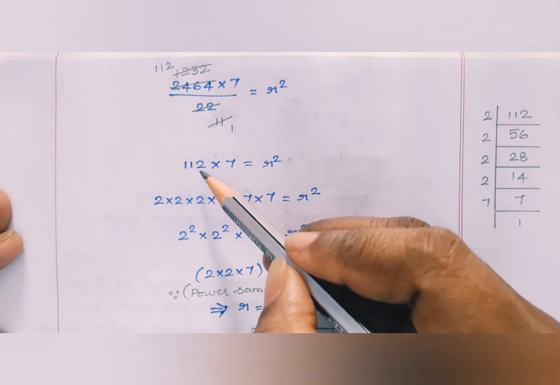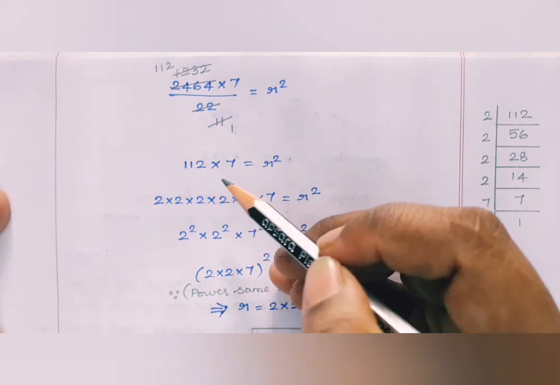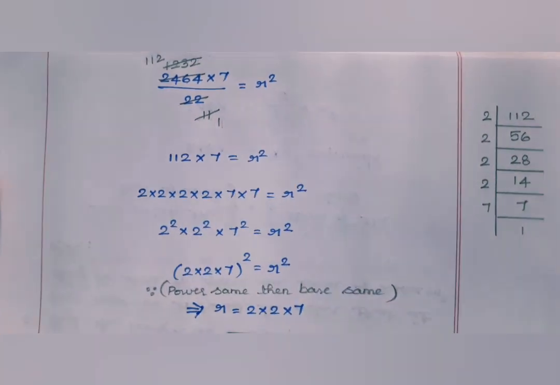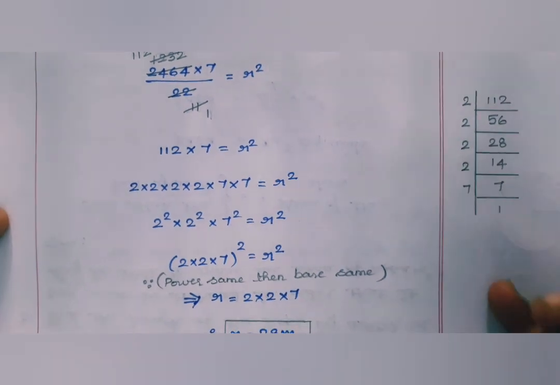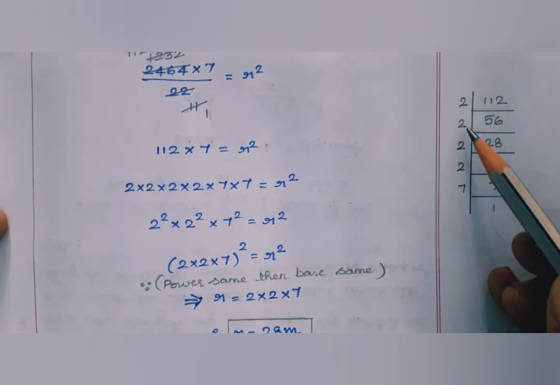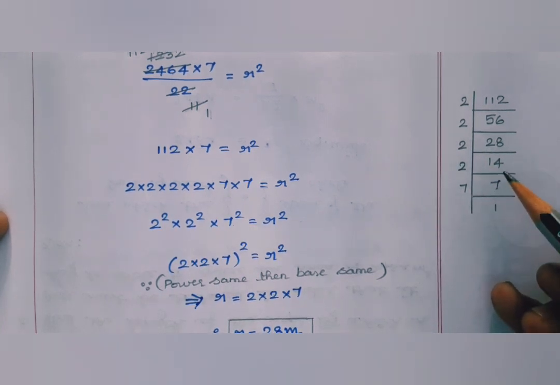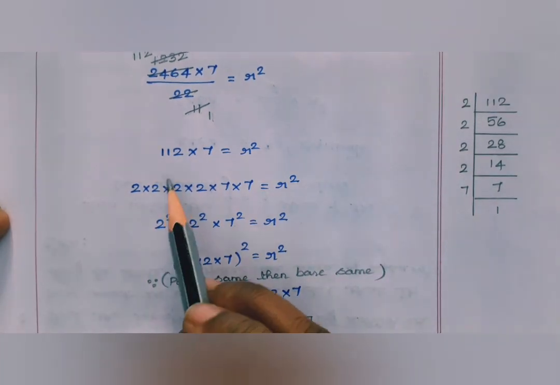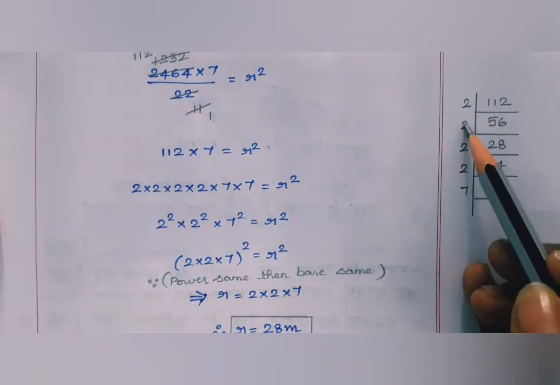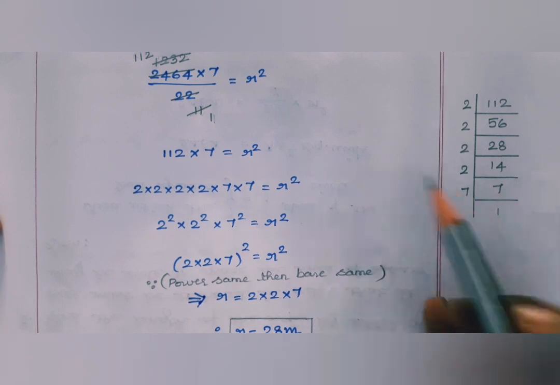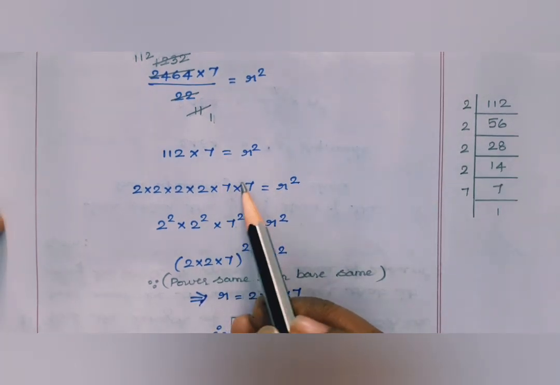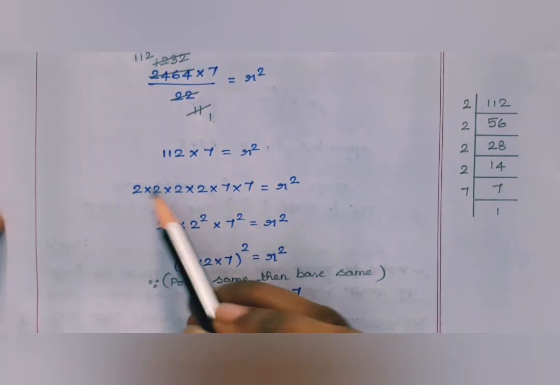So now we have to split this 112 in the form of squares, therefore go for L division. So 112, 2 times 56, again 2 times 28, again 2 times 14, 2 times 7, 7 times 7, okay? So therefore instead of 112 you can write 2 into 2 into 2 into 2 into 7, already one 7 is there. So 2 7s, 2 2s and 2 2s.